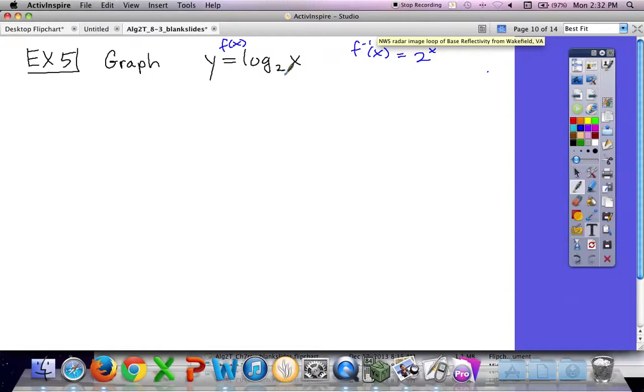We should be able to do it by looking at it like this. Right? We understand that an exponential function, its exponential growth, should look something like that. And the inverse should be a flip across this line.